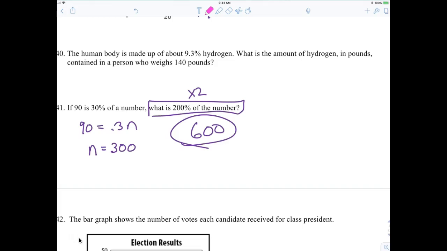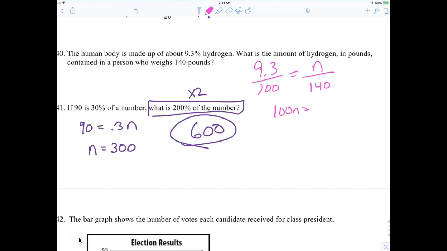Put 9.3 over 100 is equal to? N or X. Yep. Yes, that's exactly correct. You can do that. Everybody see that? Because again, 140 represents the total. Does everybody agree? And the 100 represents the total. The numerator represents the parts. So now when you cross multiply, 100n is equal to?